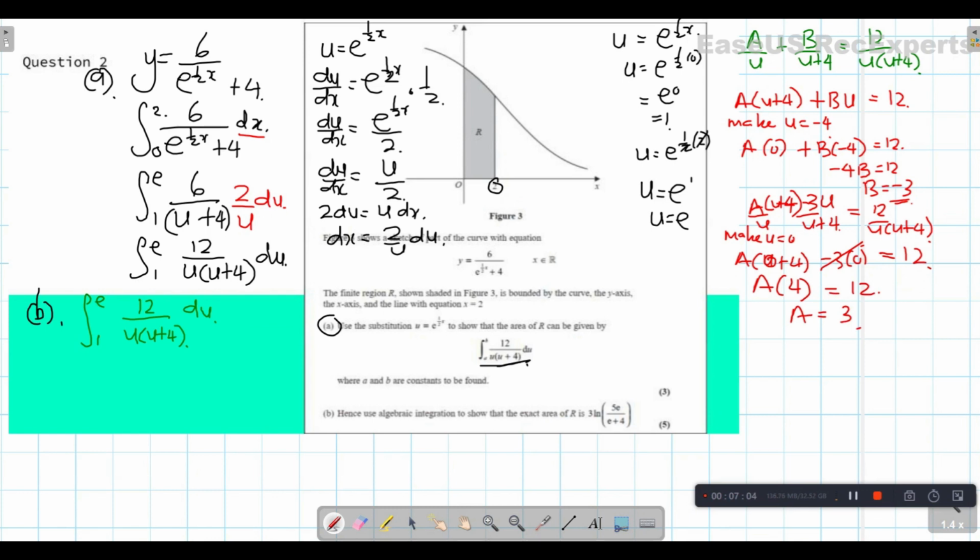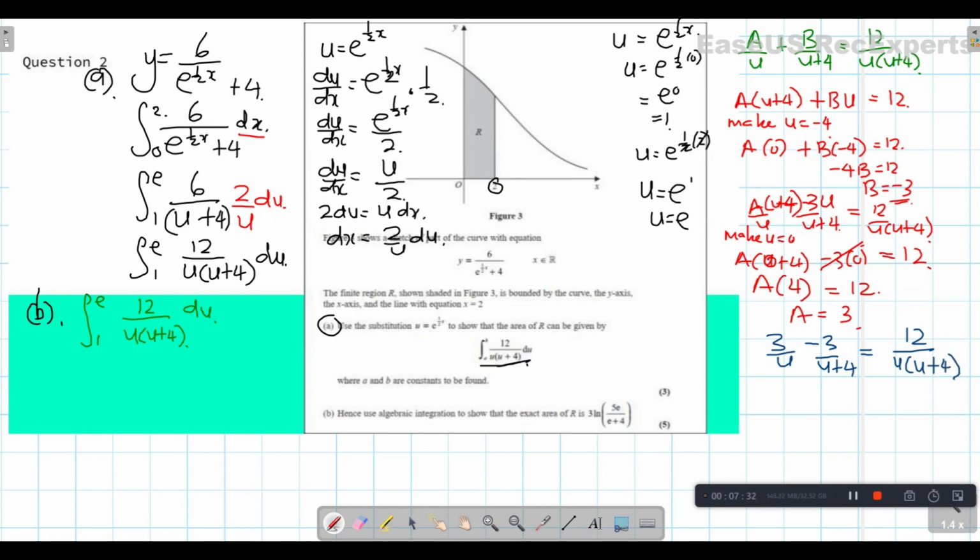Now let's rewrite this correctly. So 3 over u minus, remember we have b is negative 3, so negative 3 over u plus 4, and this is equal to what our initial was, which is 12 over u plus 4.